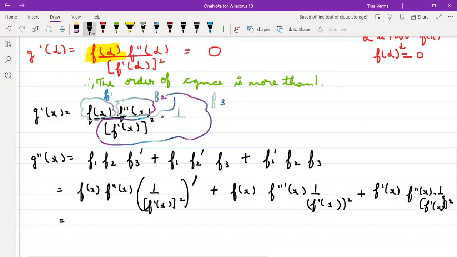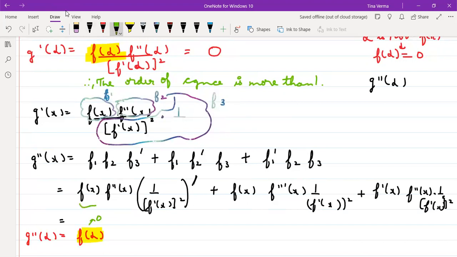Now, since we have to calculate g double dash alpha, and alpha is the root, if I put f of alpha here, alpha is the root, so this will automatically become 0, since 0 multiplied by any term is 0.